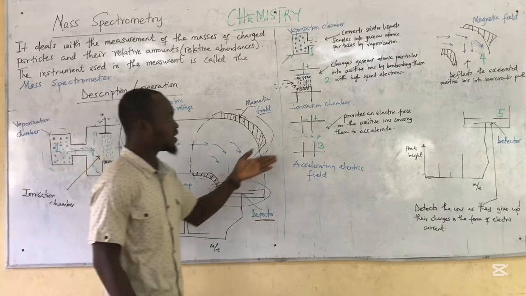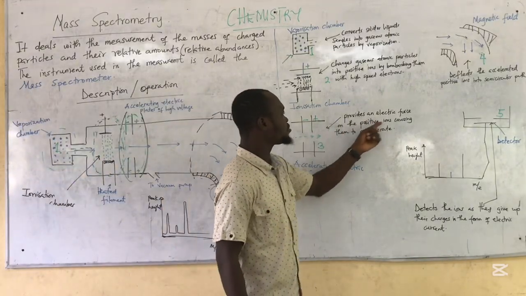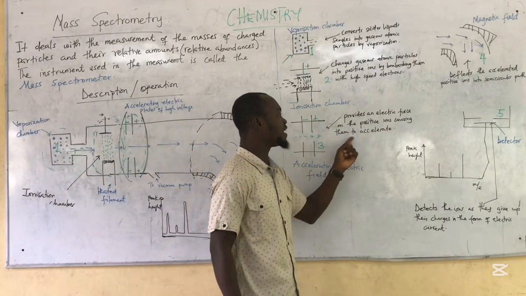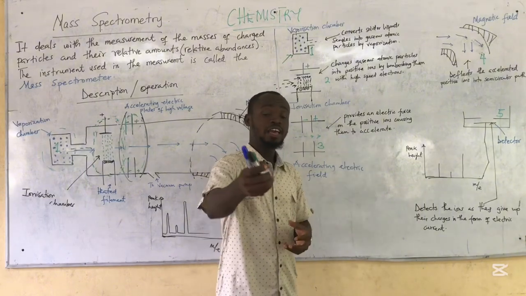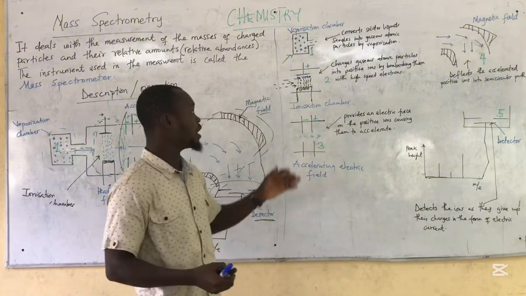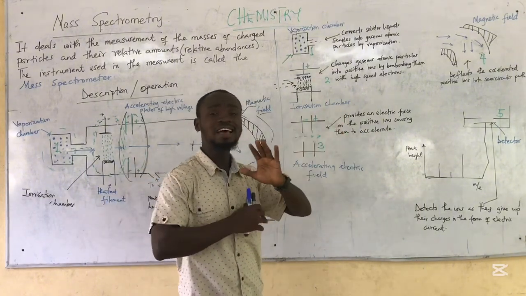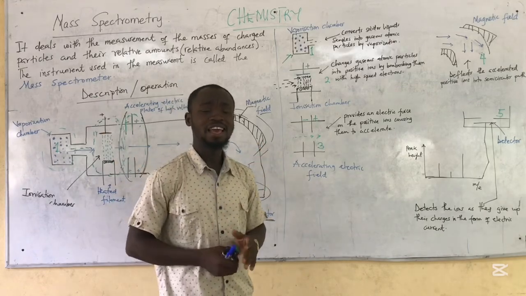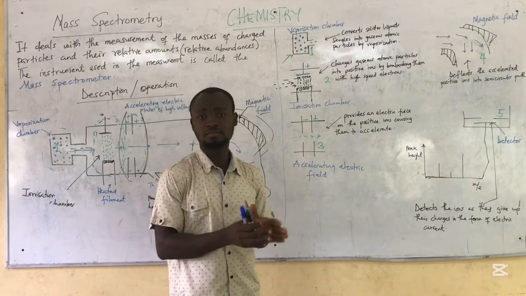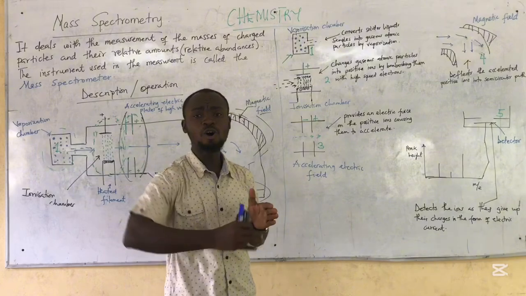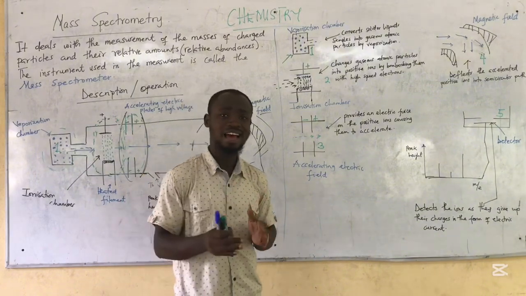It provides an electric force on the positive ions, causing them to accelerate. So it attracts the positive ions from the ionization chamber, and then it accelerates them at a high speed.